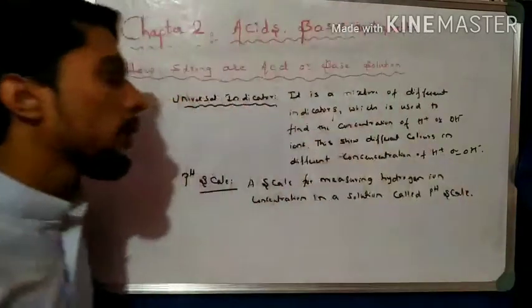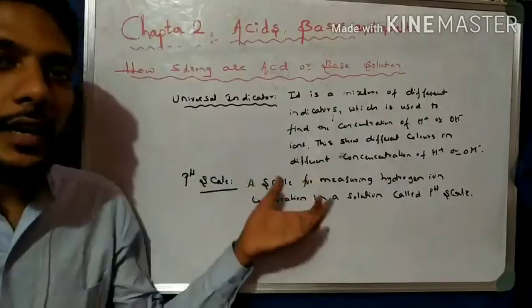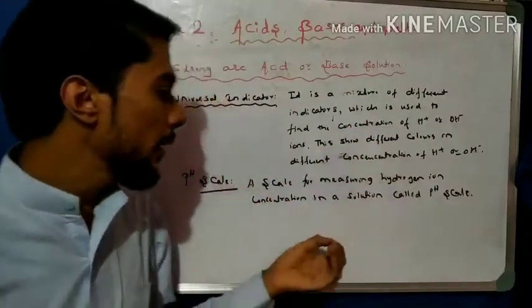So by the universal indicator we get the color, and these colors are read on the pH scale.